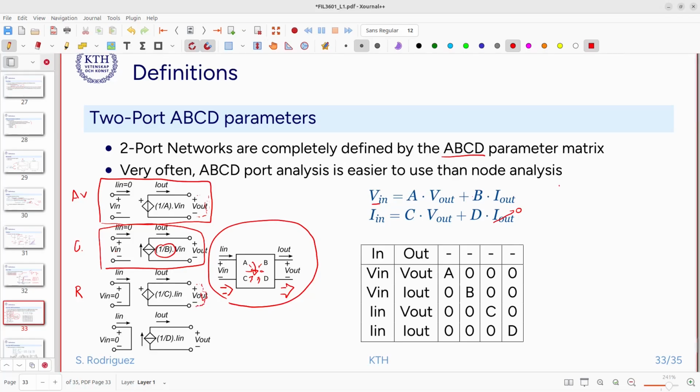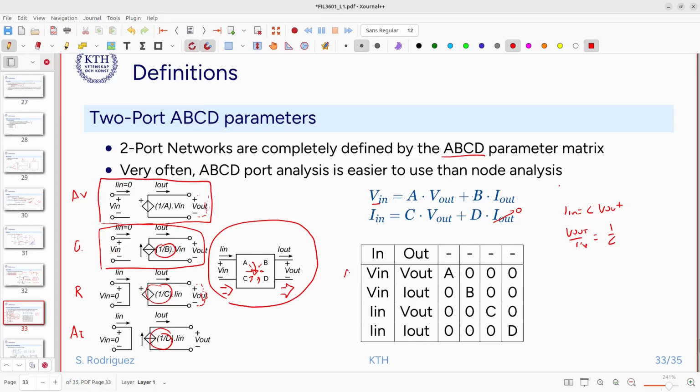It's an open circuit at the output, there is no current flowing. And then if this is 0, we have that I in is equal to C times V out, and then V out divided by I in is equal to 1 over C. So this is what we have here, and for the current amplifier we have this one. This is the current amplifier.